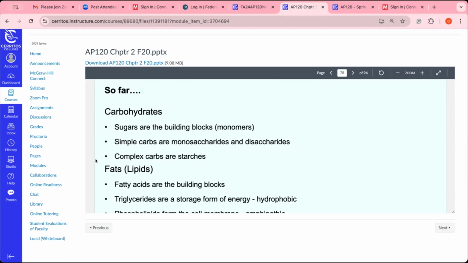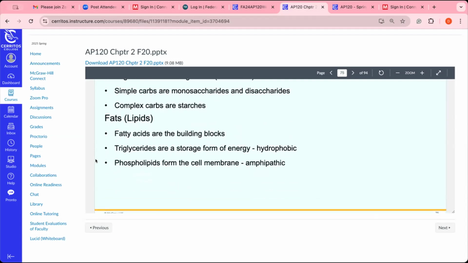They're hydrophobic. And then scroll up. Phospholipids form the cell membrane, and they're amphipathic. They have those hydrophilic heads and hydrophobic tails. Amphipathic. Okay.